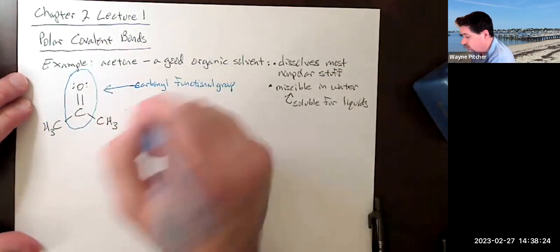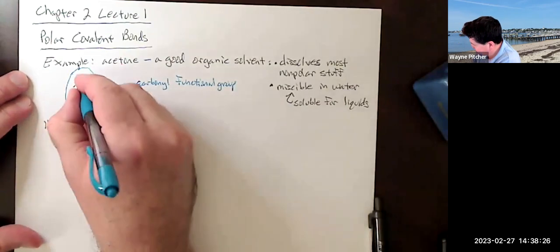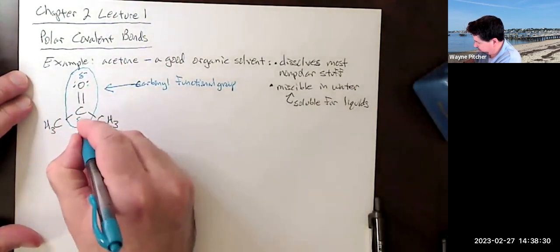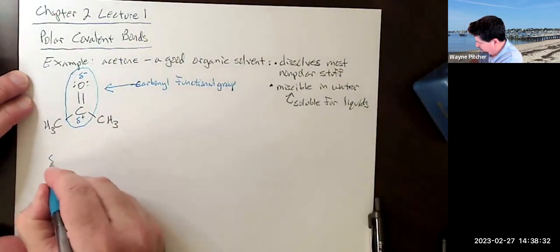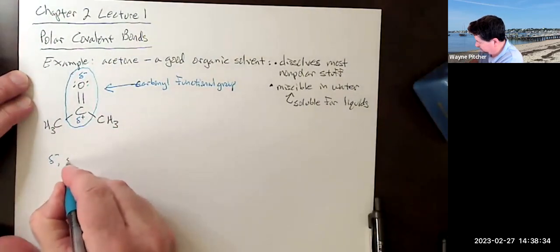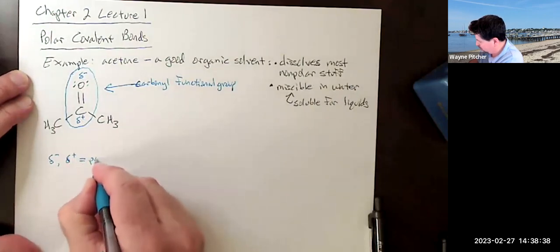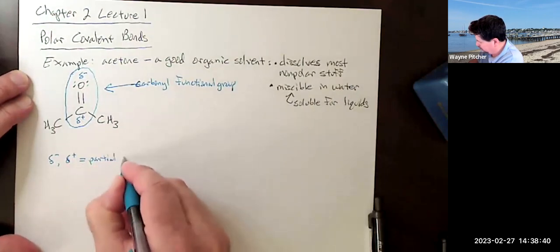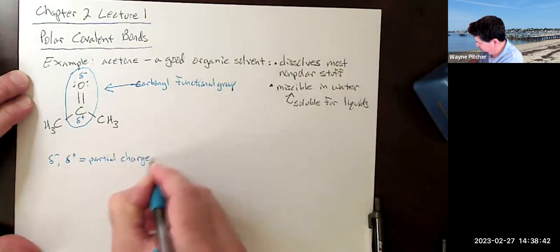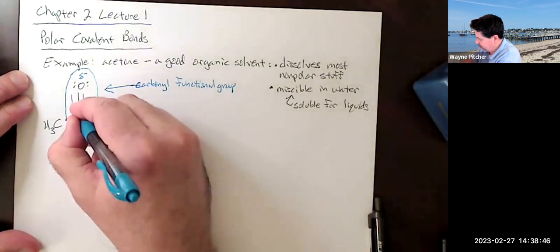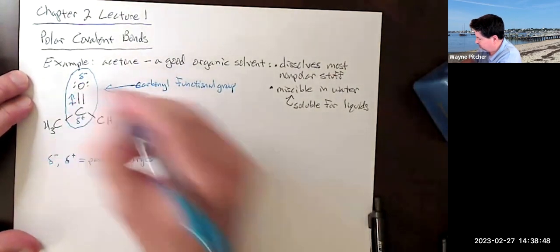They are what we call polar. We have a partial negative charge on the oxygen and a partial positive charge. So our delta minus and our delta plus are partial charges. And what this gives us is a polar covalent bond.